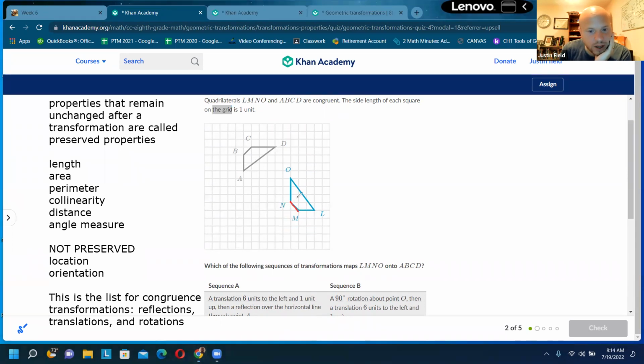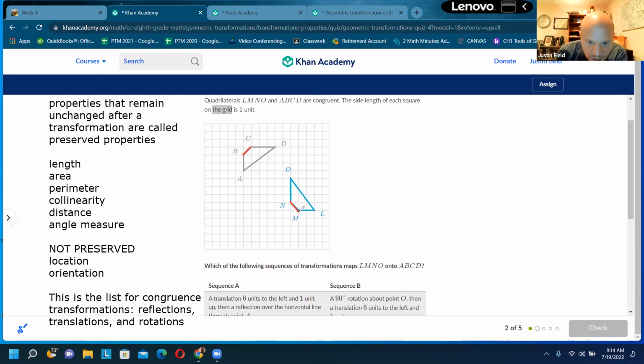So I'm looking and I see that these sides are corresponding sides. And I'm thinking that B and M are corresponding points, like they're the same point on the figure. So I'm gonna think about moving M and seeing if it would map onto B.